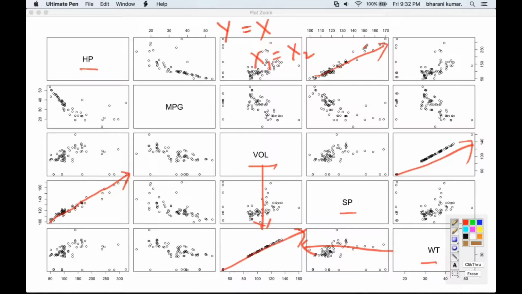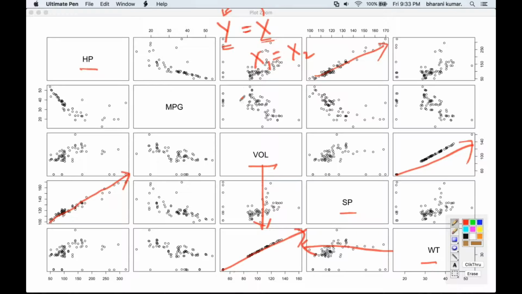Listen to me very, very carefully. Always a strong correlation between output variable and input variable means the input variable is going to influence your output variable.